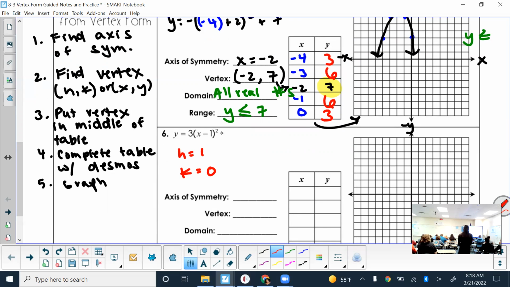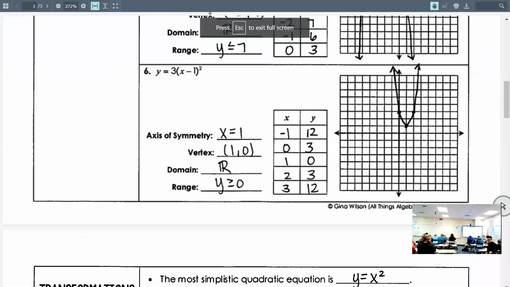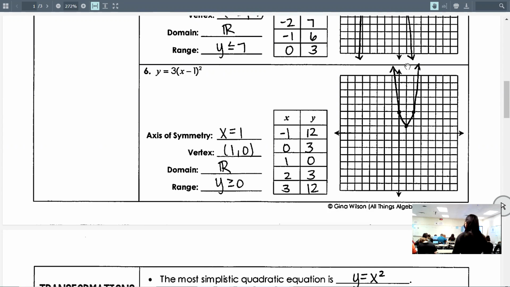So K is always added or subtracted. 3 would be multiplied, right? So 3 is actually our A, which we're not using yet. So H and K is identified. Follow the rest of the steps for number 6. So here's number 6, except there is one small mistake that they made in the graph. Anyone know what it is?